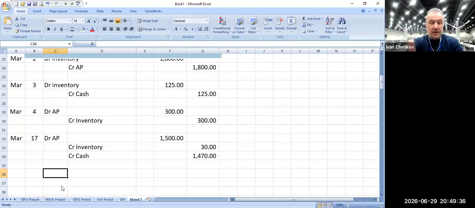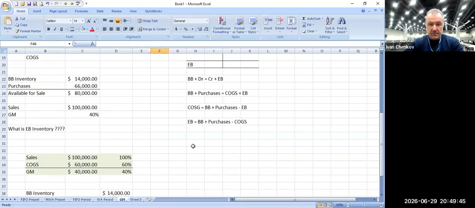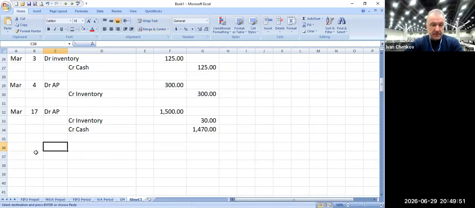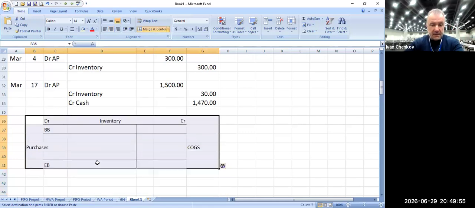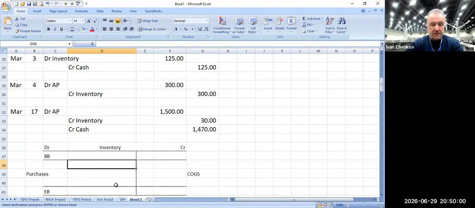Now let's check what's happened with our inventory. How much is the cost of our inventory? Let me open one T account here. I'm gonna grab this T account and just paste it right here. And let's see now what we have in our inventory. We purchased the inventory for $1,800.